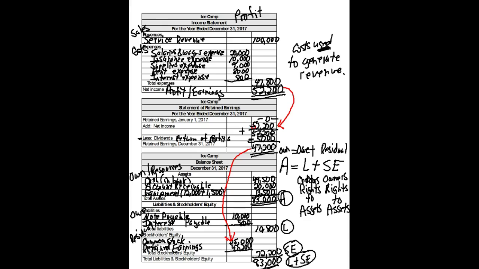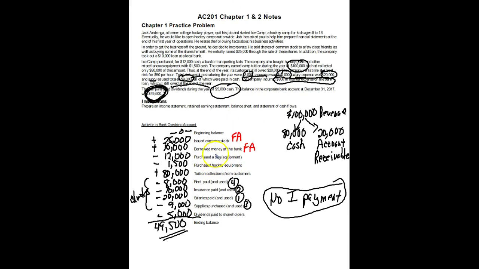Okay, let's go back and look at the additional information. So we have purchase of bus equipment, so buying long-term assets that will be around for quite a while is an investing activity. Also purchase of hockey equipment, that's an investing activity. Since both of those are purchase of equipment, I'm going to add those together, the $12,000 and the $1,500, and we have total cash paid of $13,500.